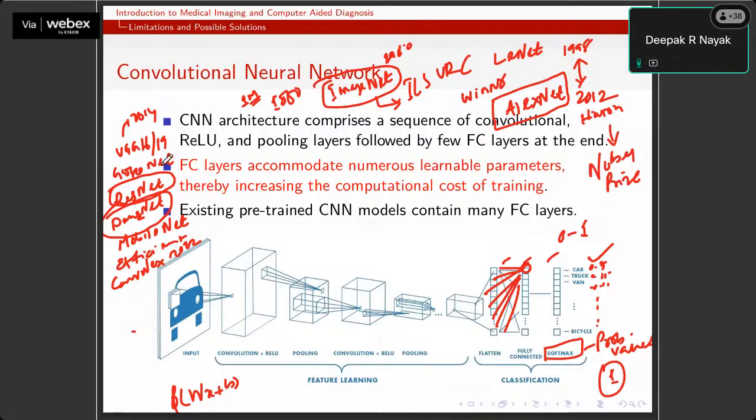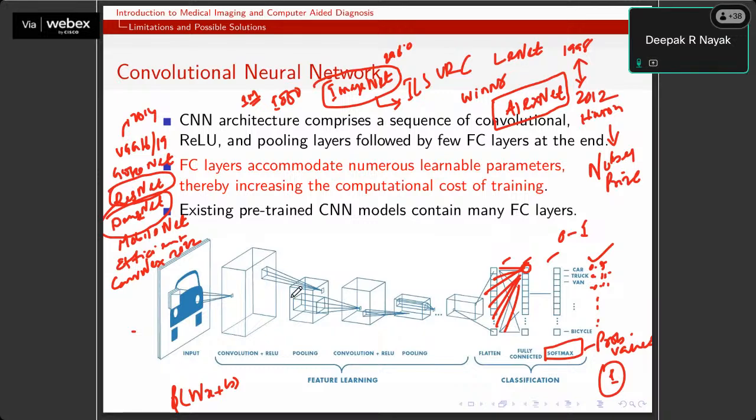These models have already been trained, and we don't have much data to design a model from scratch, because designing a model like AlexNet or GoogleNet and running it from scratch is of course a difficult task for us when we do not have much data.